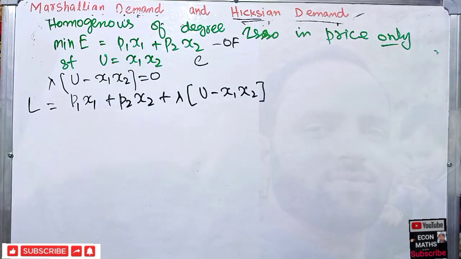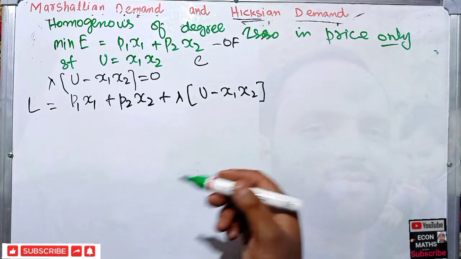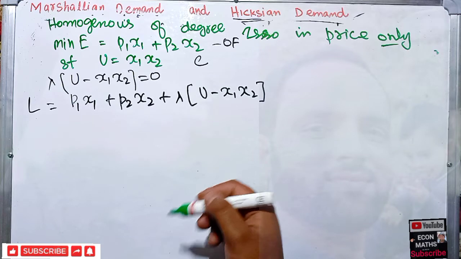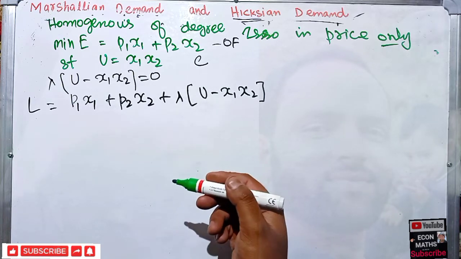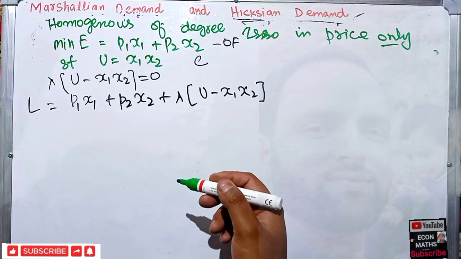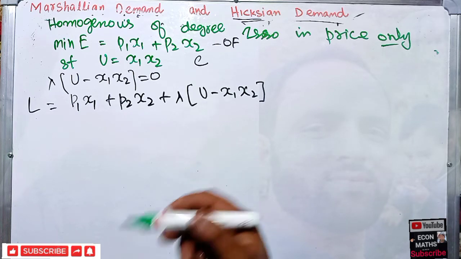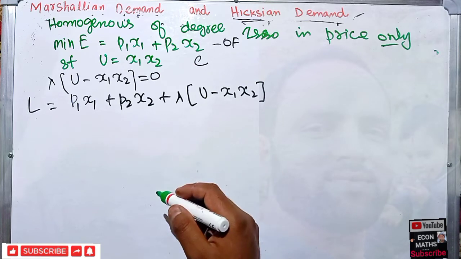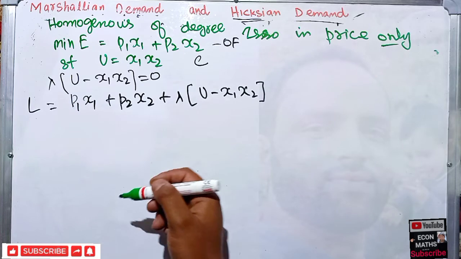Now we partially differentiate this Lagrange's function with respect to x1 and x2 and set them equal to 0 simultaneously, because this is the first order condition, and we know that the tangency between the indifference curve and the budget constraint is the optimal bundle. That is why we set it equal to 0.